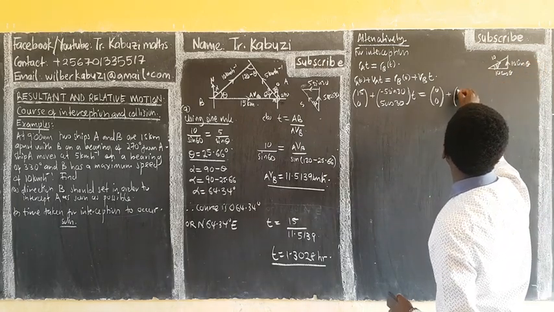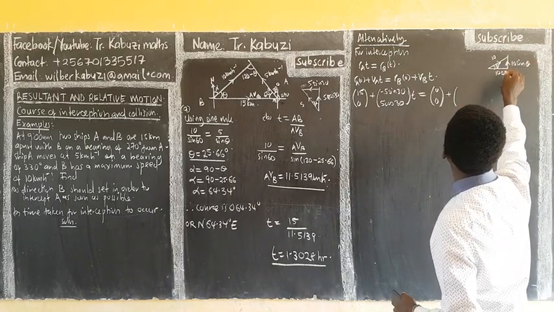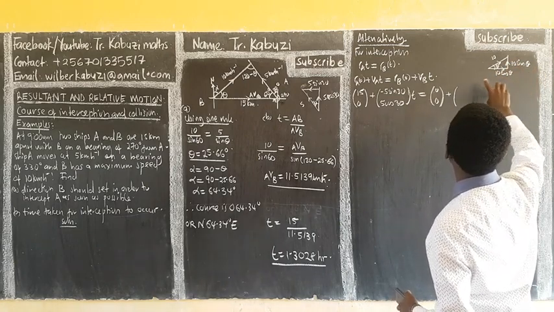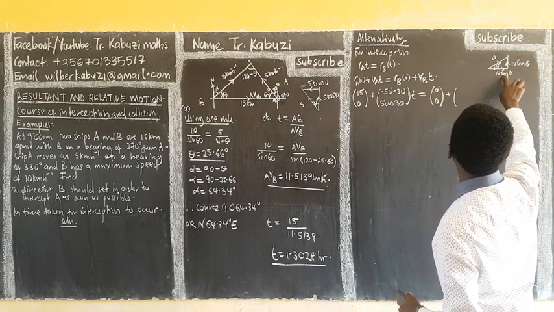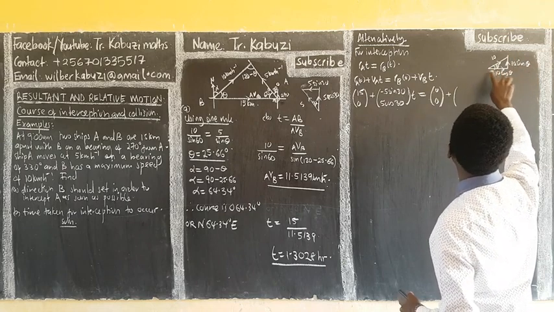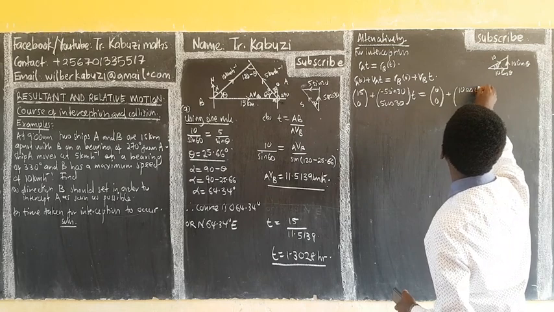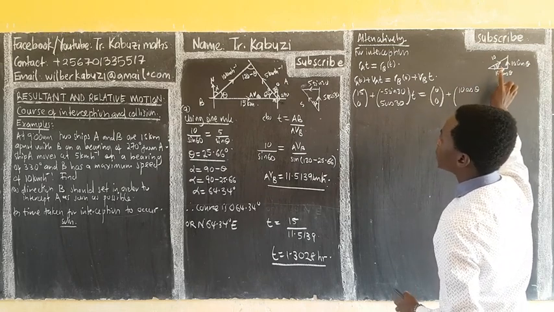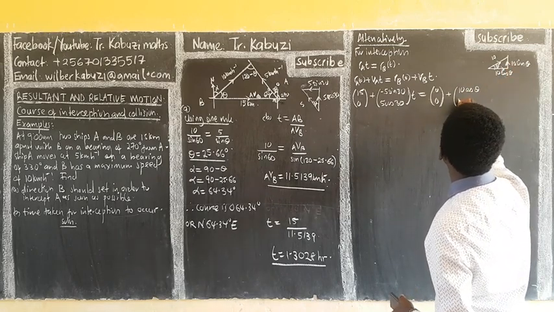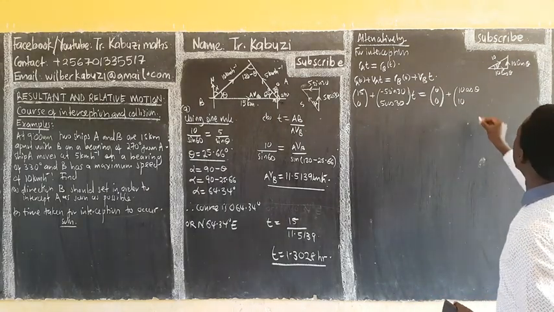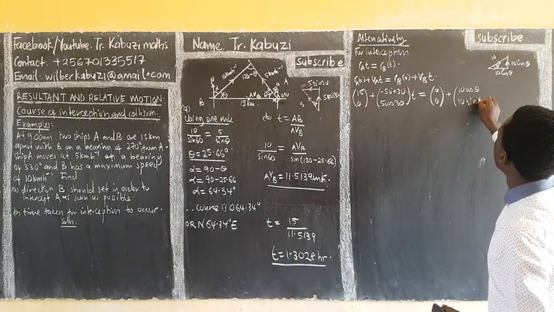So I put them here. The horizontal, you see it's going in this direction. You see the direction in which it's going. The horizontal component, then the vertical component. So my horizontal is going in this direction, so I'll be having 10 cos theta. Then the vertical component is 10 sin theta.